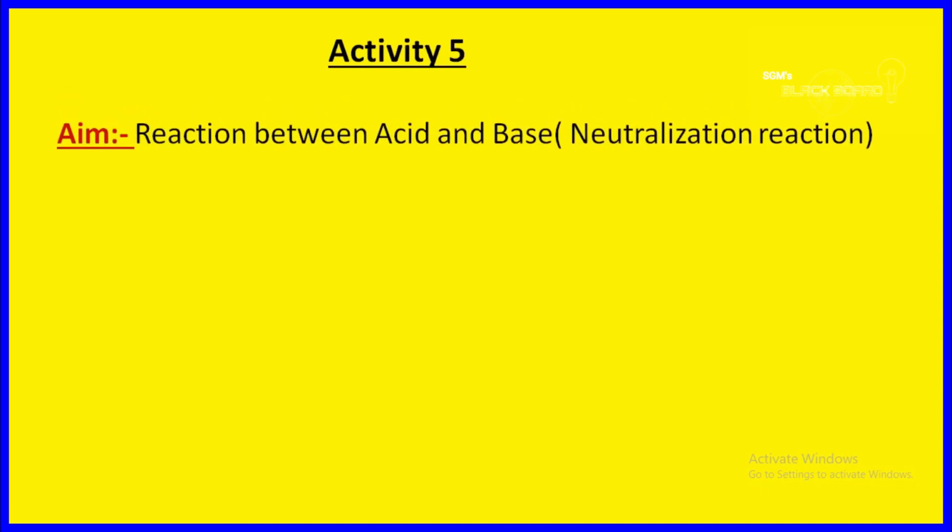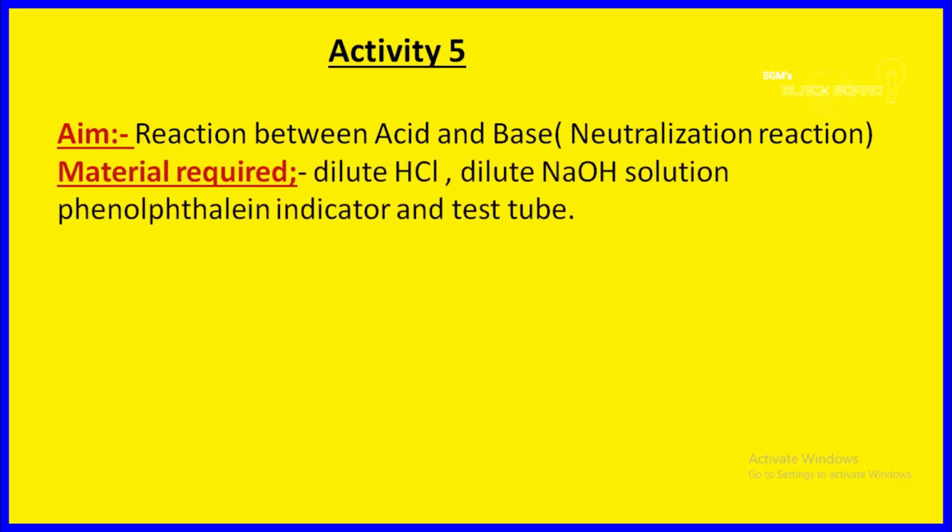Let us see the activity related to this neutralization reaction. The aim of the experiment is a reaction between acid and base. Material required: dilute hydrochloric acid, dilute sodium hydroxide solution, phenolphthalein indicator and a test tube.